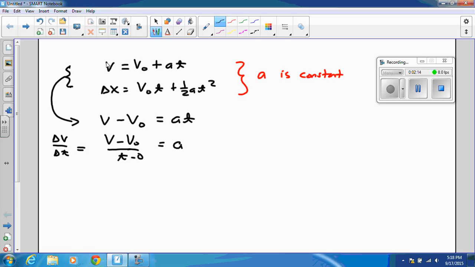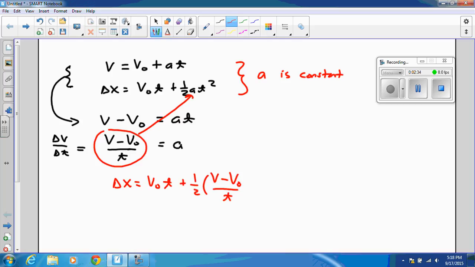But anyway, carrying on. Now that I've solved for a in the top equation, I can take that and substitute it for a in the second equation. And that gives me delta x is equal to v0t plus 1/2 of what a is times t squared.